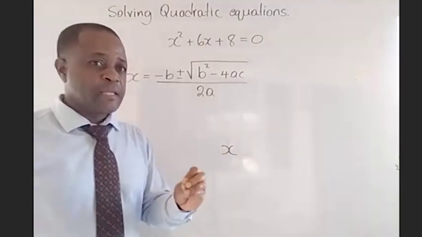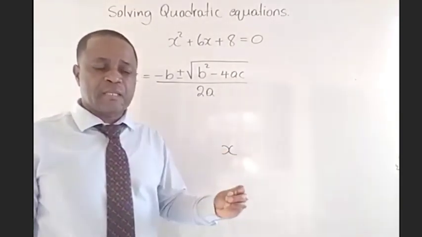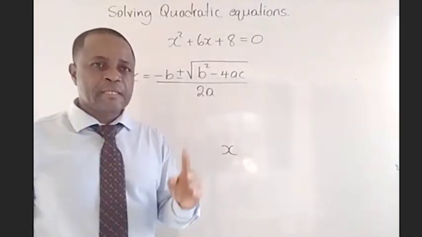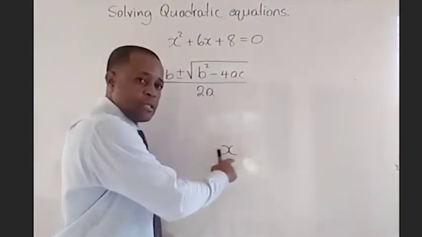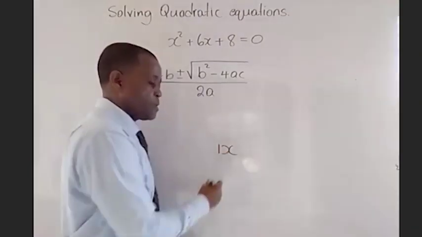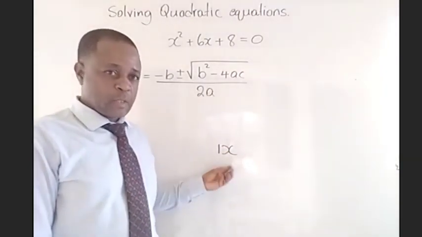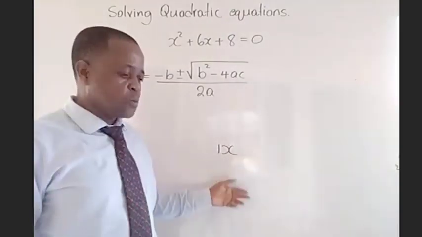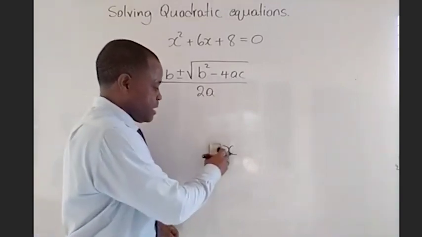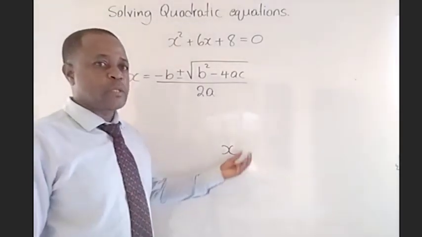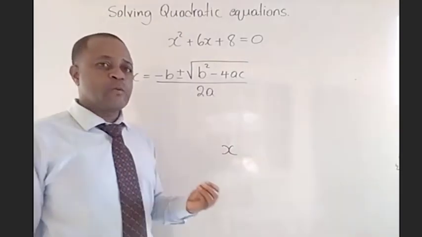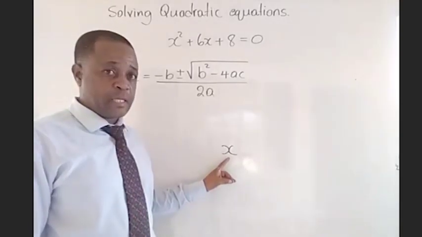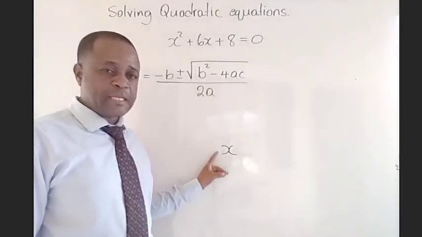Since the numerical coefficient indicates how many of the variable exist, and we're only seeing 1x, it simply means that this could be written as 1x. We don't need to write it when it is 1. So if you see the variable like that, without a number attached to it, then we should know that the numerical coefficient is 1. We don't know what x represents right now, but we know that the number attached to it is 1.